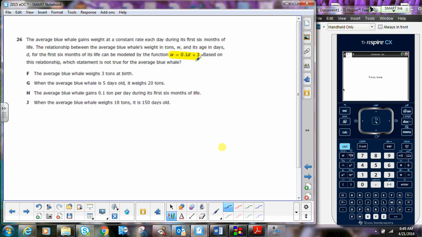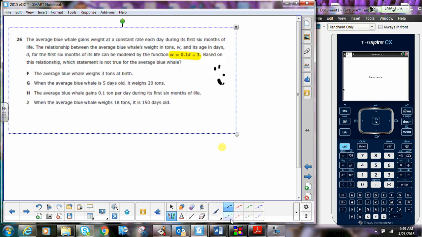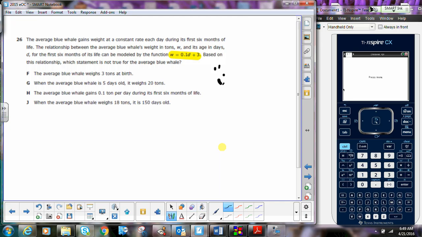So we know our linear equation is always y equals mx plus b. We know b is the starting value, the initial value. M is your rate.